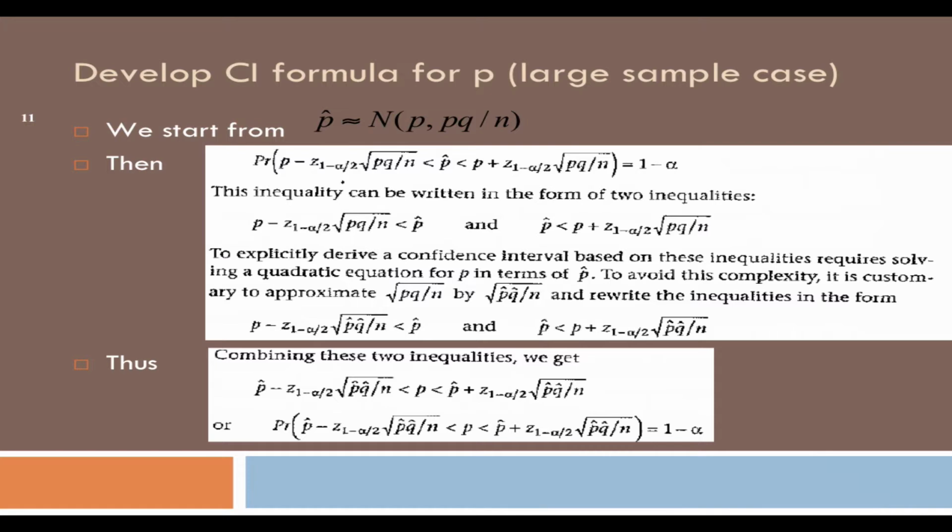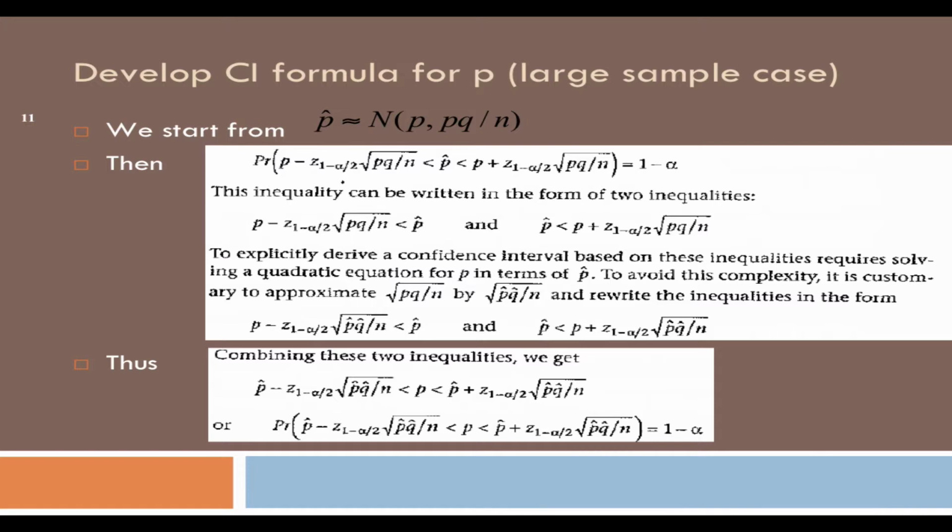The probability of alpha over n over this Z, which is the standard normal distribution, this is a standard normal distribution, right?